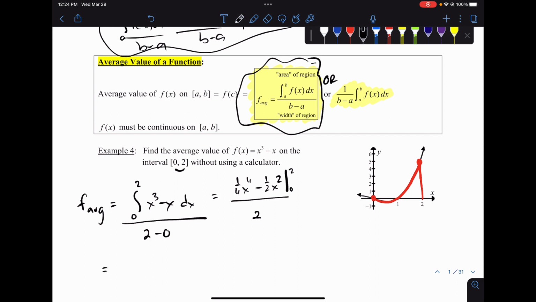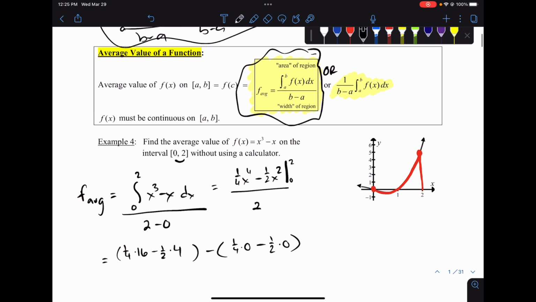I'm going to focus on the top first and plug in the 2. So I get 1/4 times x to the 4th, which is 16, minus 1/2 times 2 squared, which is 4. And then I have to subtract plugging in 0, so I get 1/4 times 0 minus 1/2 times 0. And all of that gets divided by 2.